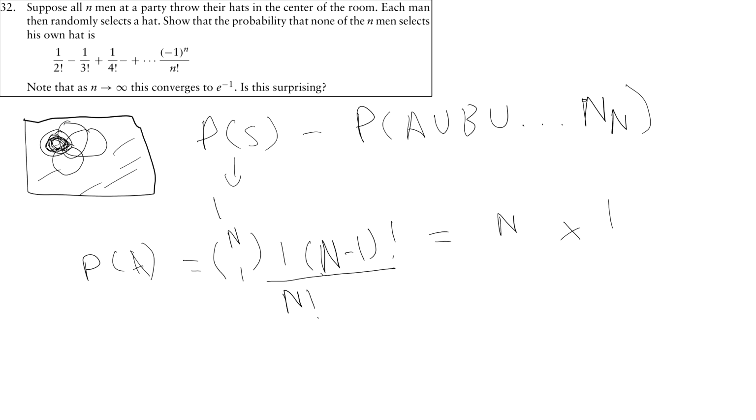So n into (n minus 1) factorial divided by n factorial becomes 1. So the first part becomes 1. This is the first part, where at least 1 is correct, and we are removing it.